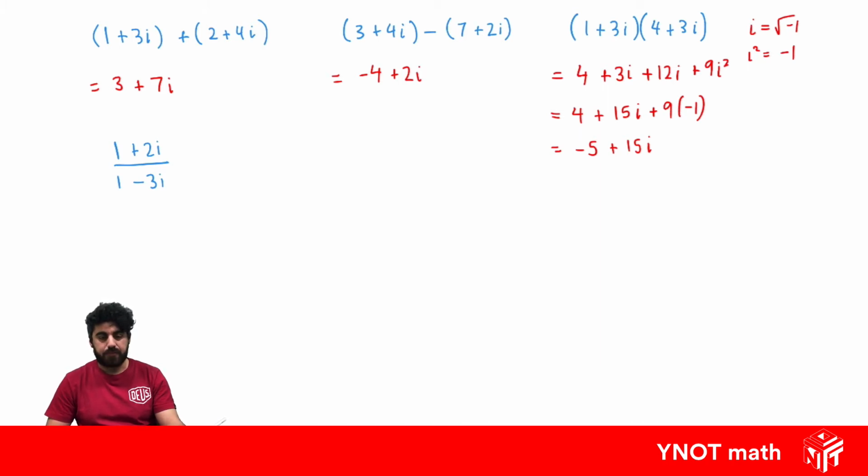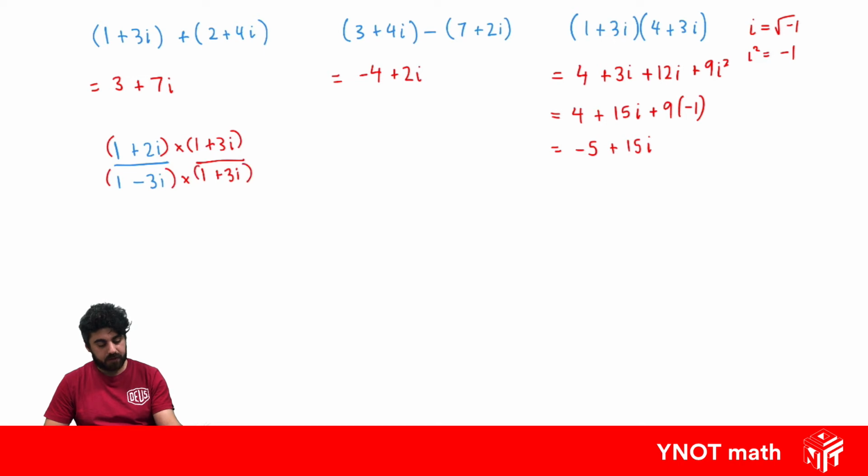And we do that by multiplying by its conjugate. So the conjugate of the denominator will be 1 plus 3i, and we need to multiply by the conjugate on the numerator as well, because we want to multiply by 1 so we don't change the expression. And we just multiply all of this out.